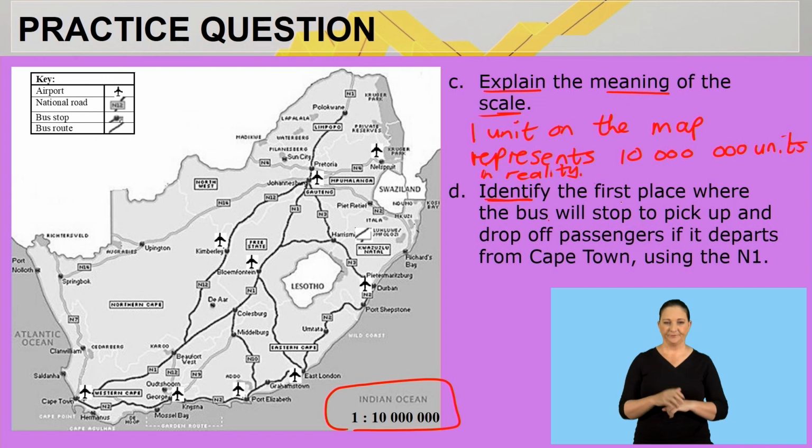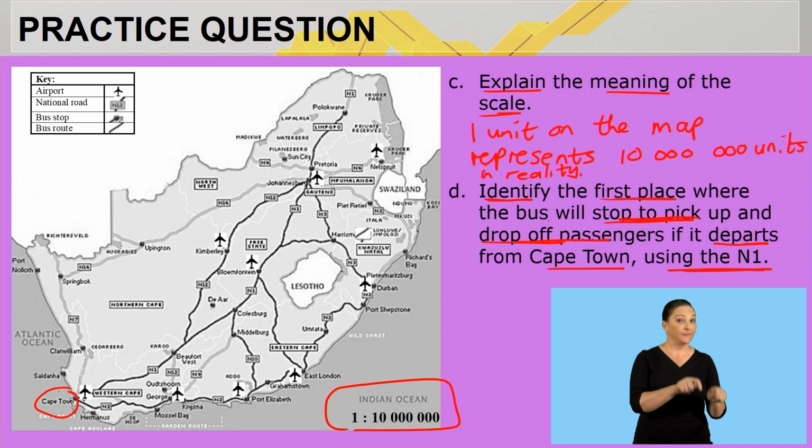Question D says the following: identify the first place where the bus will stop to pick up and drop off passengers if it departs from Cape Town using the N1. So here's Cape Town, and it's traveling on the N1.